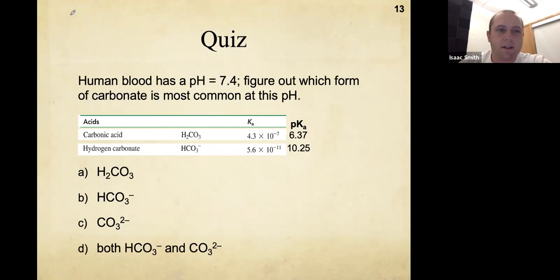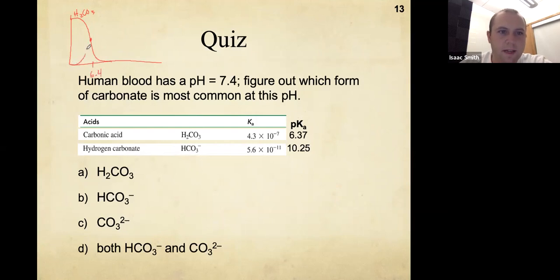But if we looked at the graph form, we're starting with carbonic acid. Okay, so this is H2CO3. And the pKa of carbonic acid is about 6.4.